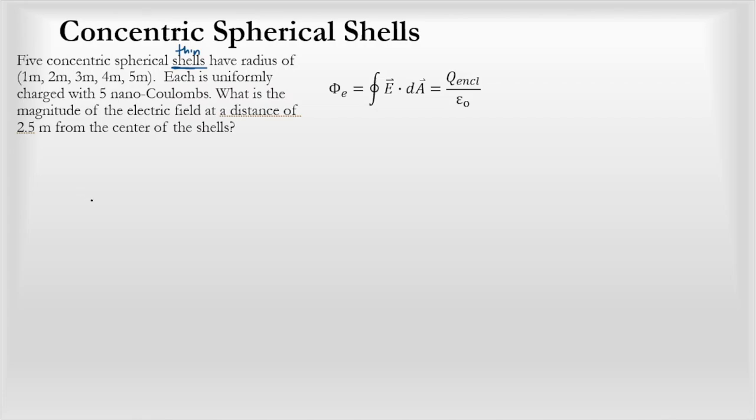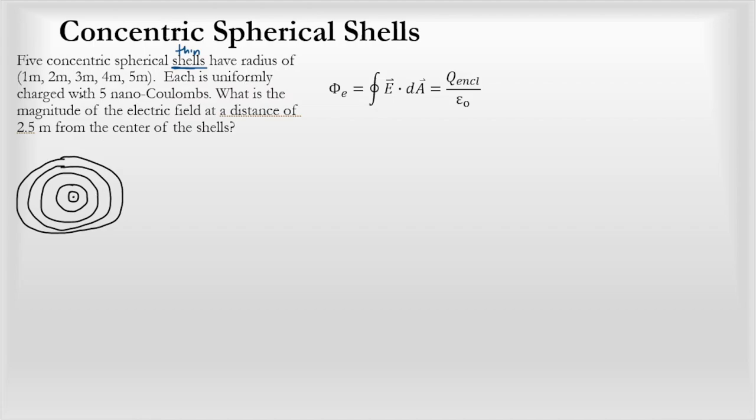If I drew a cross section of the shells, we have 5 of them. Please forgive me for not having perfect circles here. I think that's 5. 1, 2, 3, 4, 5. And each of them are marked at 1 meter.